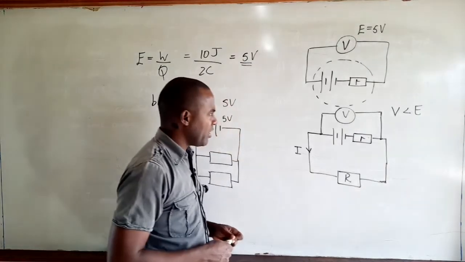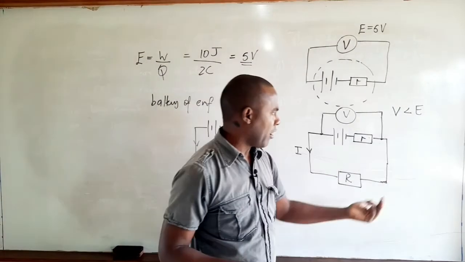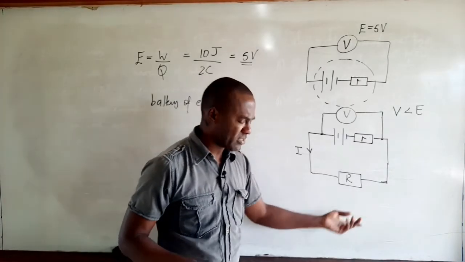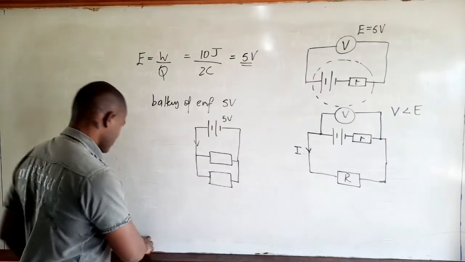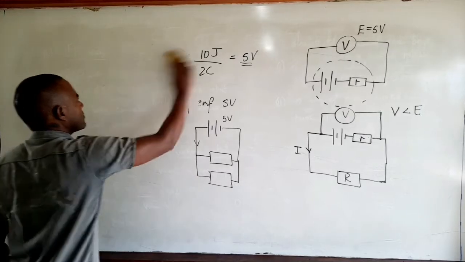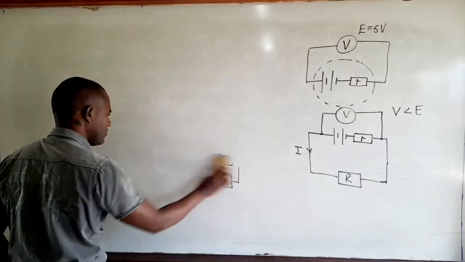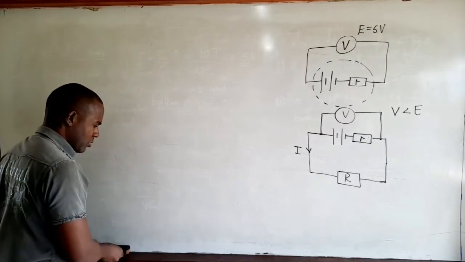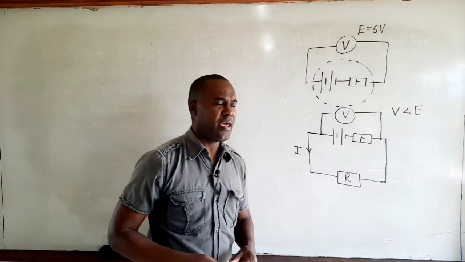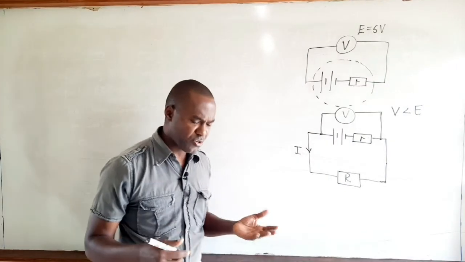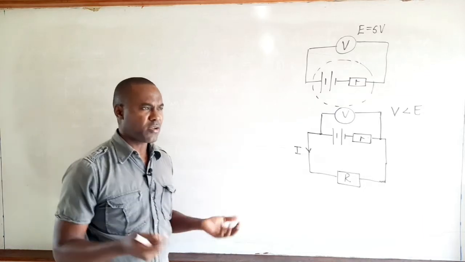Now, we can look at a relationship between this EMF, the lost volts, and of course the PD across the battery. We know that energy is always conserved during processes, right?